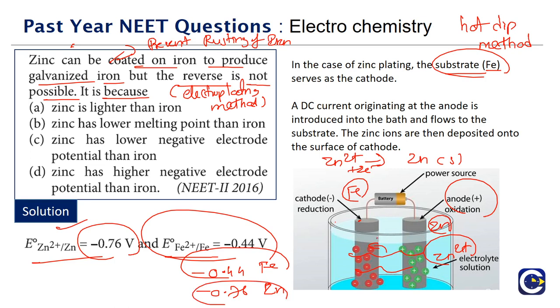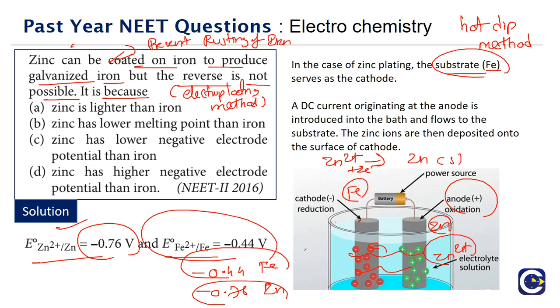Now if we have to interchange, then the substrate here has to be what? Zinc. So zinc has to act as a cathode. Can zinc act as a cathode? Zinc cannot act as a cathode. When iron is there, iron will be able to act as a cathode and zinc will be able to act as an anode. That is the reason why we will not be able to interchange these two.